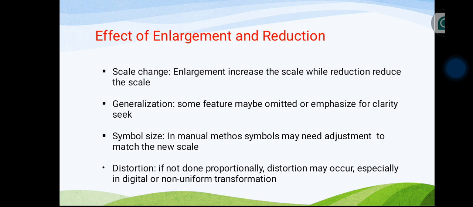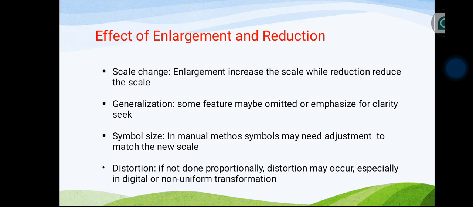Then another effect to that is distortion. There will be distortion if not done properly, if not done well. If not done proportionally, distortion may occur, especially in digital or non-uniform transformation.